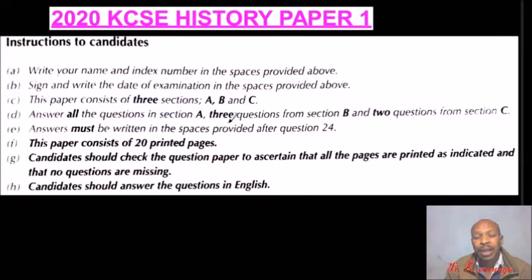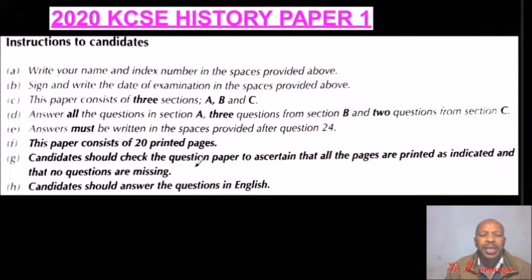This is because it will take you time, and this may not give you an opportunity to do perfect work in the given questions within the time given of 2.5 hours. Answers must be written on the spaces provided after question 24. So this paper consists of 20 printed pages. So you are given this instruction so that you can check before you start doing the exam.